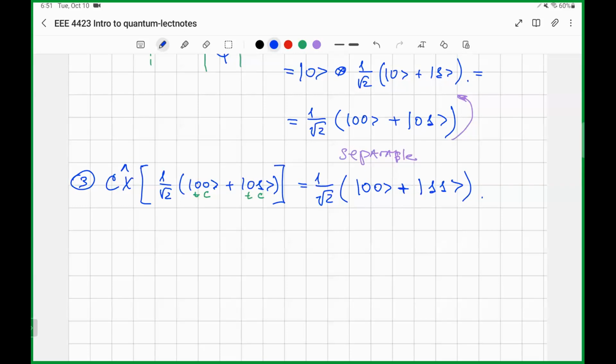Pretty cool, because this is now a non-separable state, or entangled state.